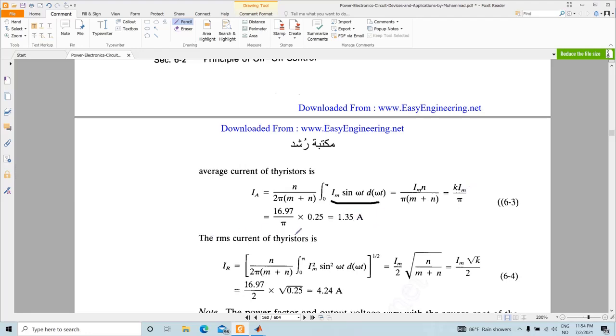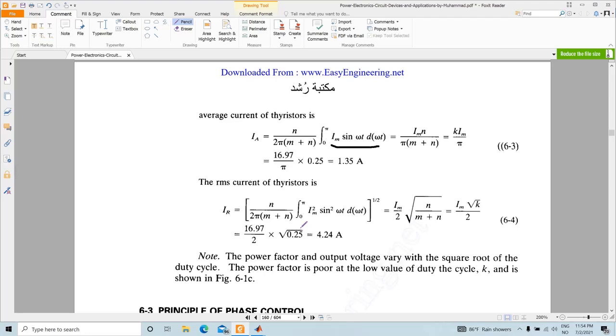The RMS current of the thyristor works the same way. The thyristor is turned on for n number of cycles, so you have to integrate it for the whole 100 cycles. In this particular case, n corresponds to 25 and m corresponds to 75, but as this is repeating, we integrate from 0 to pi and multiply by the number n, because for n cycles we have a value and for the m cycles the output is 0.